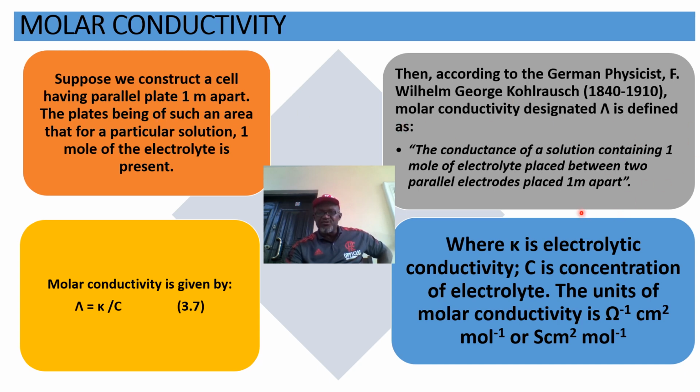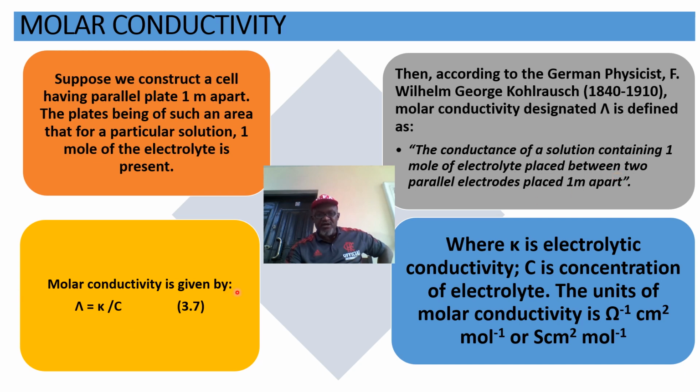Now, according to William George Kohlrausch, the molar conductivity, designated capital lambda here, is defined as the conductance of a solution containing 1 mole of electrolyte placed between 2 parallel electrodes placed 1 meter apart. You see, this definition is very important.